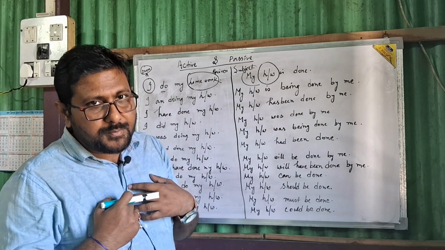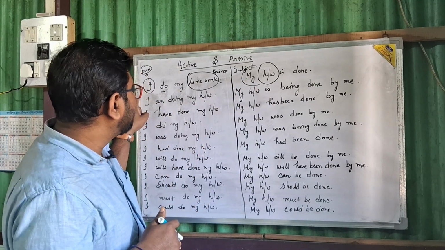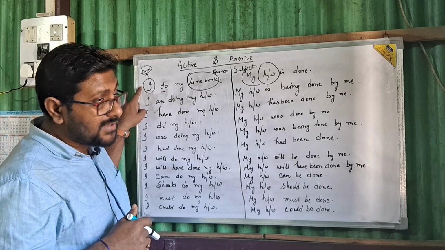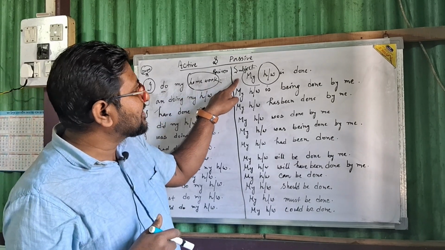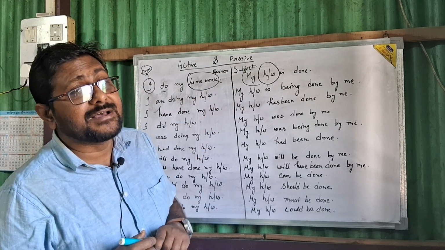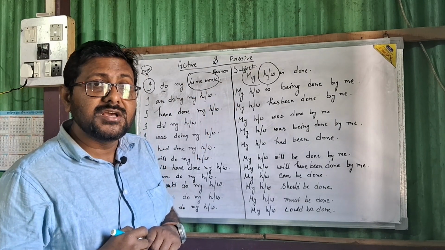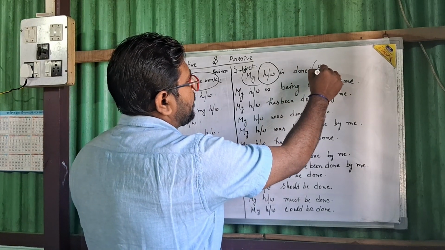My homework being the subject is the receiver of the action. Here in active voice, the subject was the doer of the action and the object was the receiver of the action. Here in passive voice, the subject is the receiver of the action, and whenever the subject becomes the receiver of the action, it becomes passive voice. Understood?